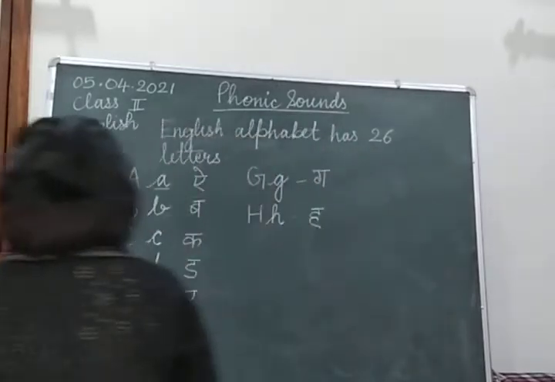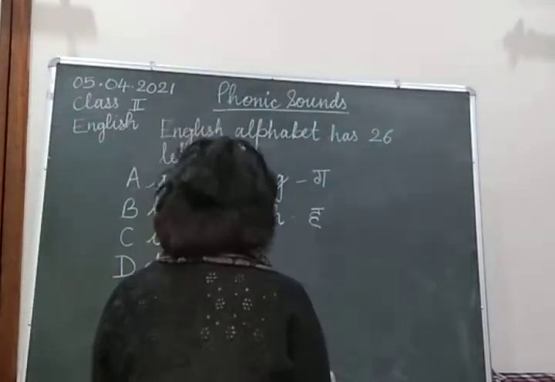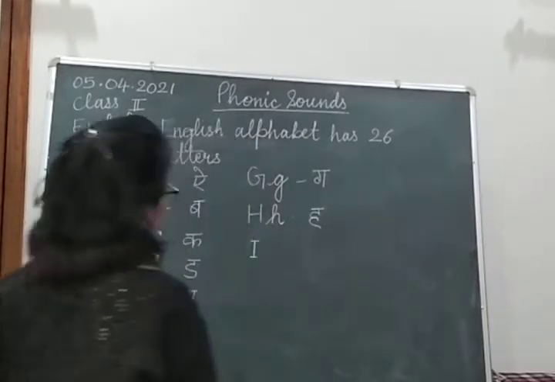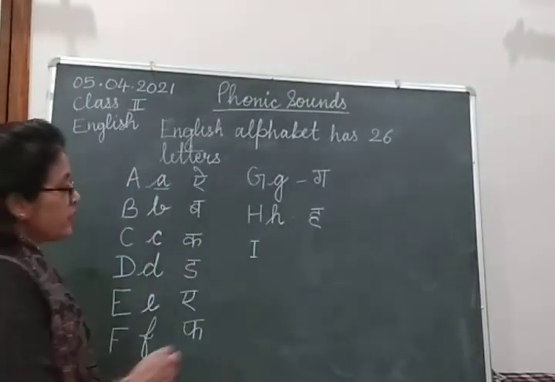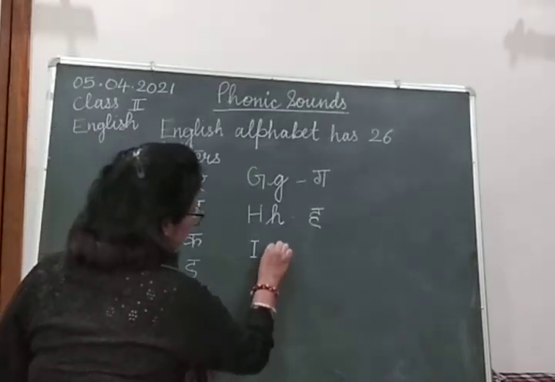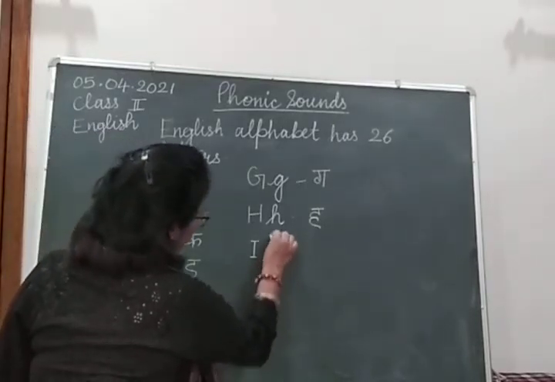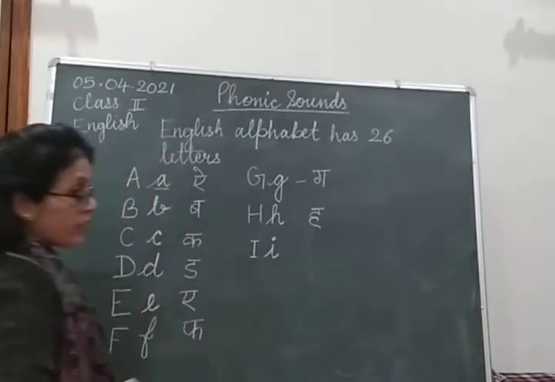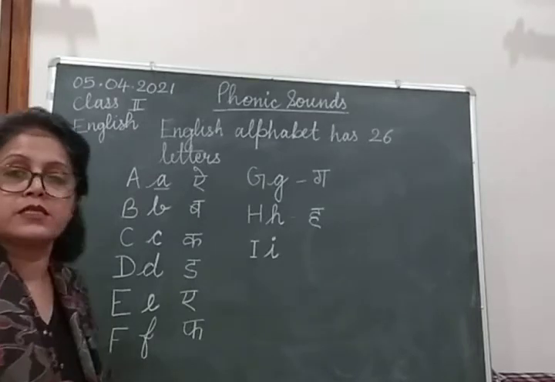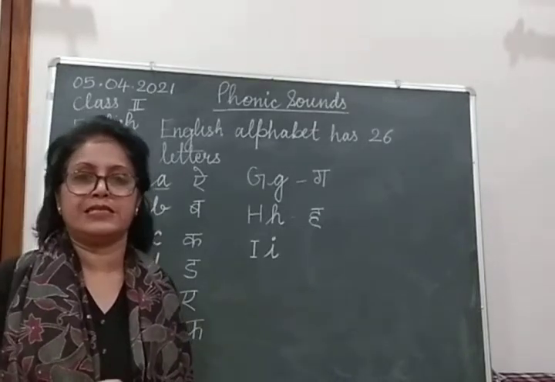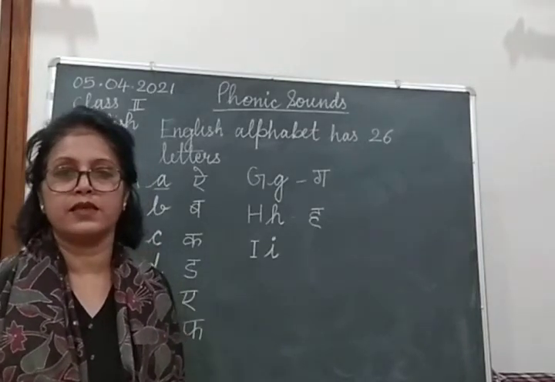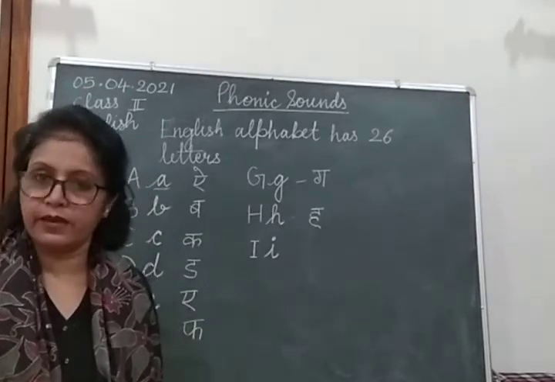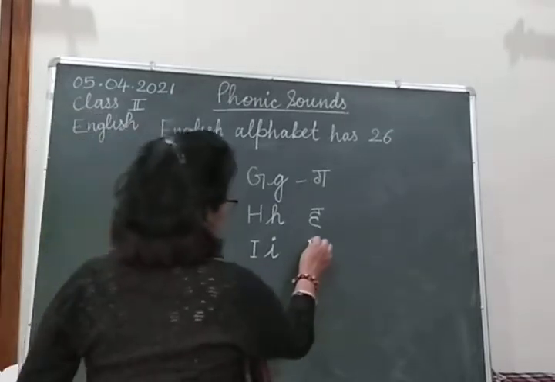Next letter is I, and in cursive form we write it like this. And the sound of this letter is E. Yes, choti E, small e.